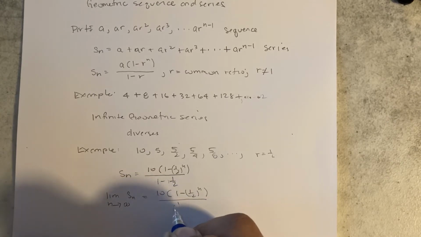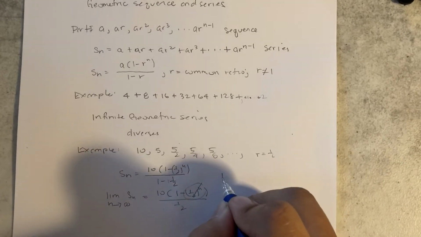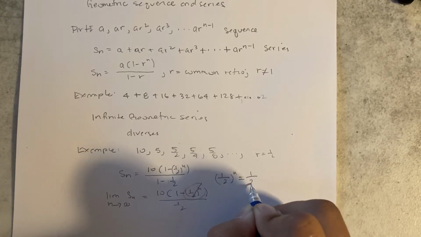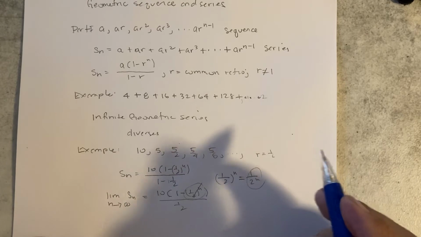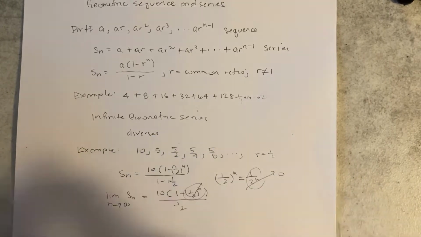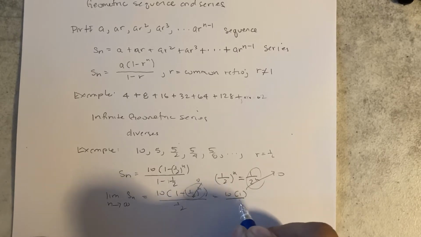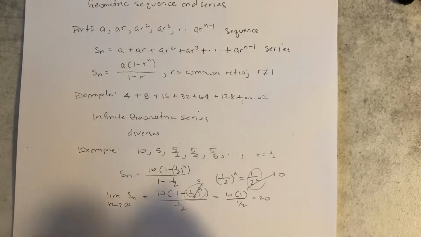Now this number is actually 1 over 2 to the n. What happens to that fraction as n gets bigger? Well, this gets smaller and closer to 0. So we have 10 times 1 over 1/2, which equals 20.